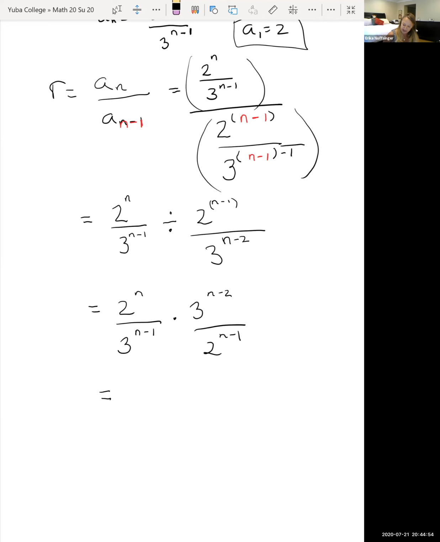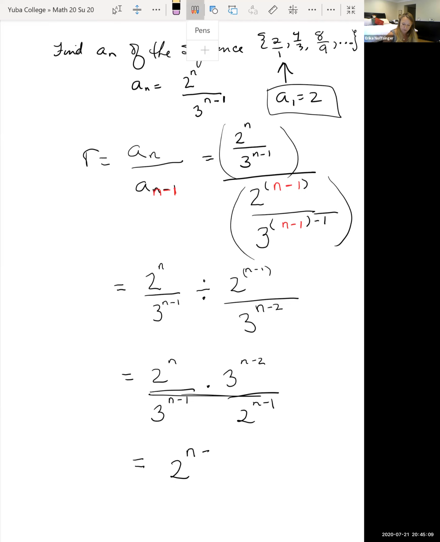So basically I have a base 2, 2 raised to the nth in the numerator, 2 raised to the n minus 1 in the denominator. So we have 2 raised to the n minus the exponent in the denominator, which is this n minus 1 here. So 2 minus this n minus 1.